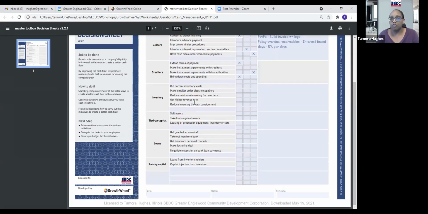Then you have inventory. If you have inventory, you're looking at how to cut current inventory levels, how to cut down the fees for that, or to ensure that you have the right amount of inventory on hand, and that you don't have an overflow of inventory where items sit for a long period of time.